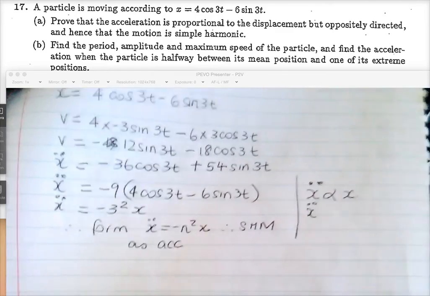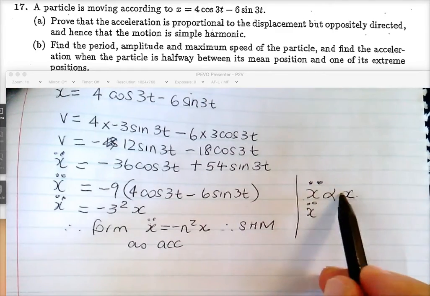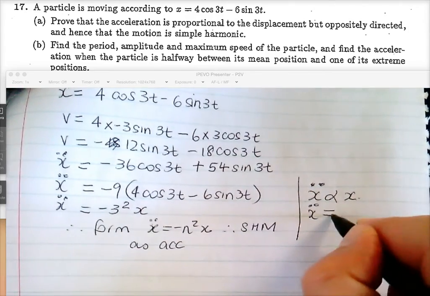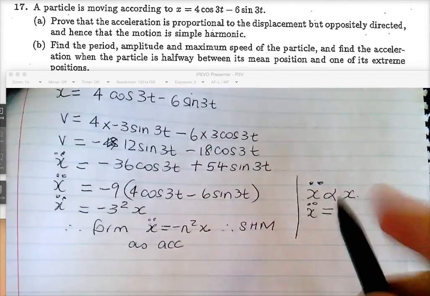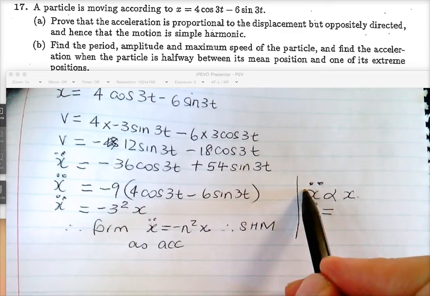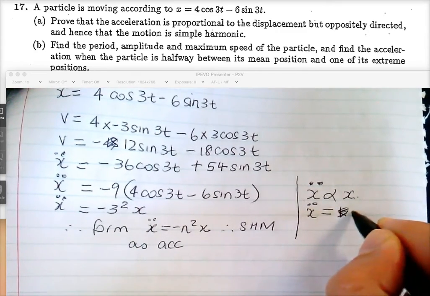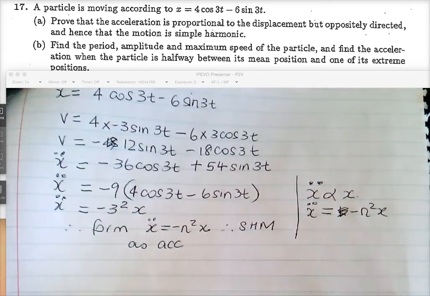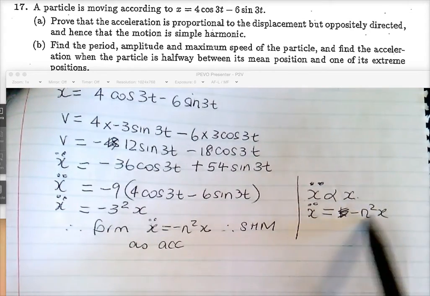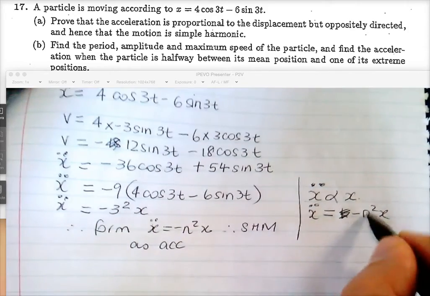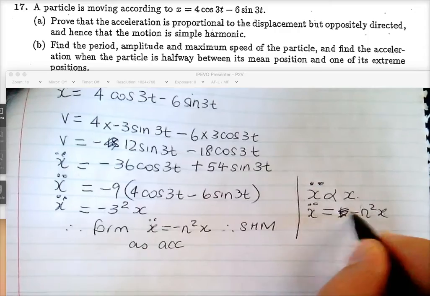But to work out the constant of proportionality, so x times something gives acceleration, that's what it means. And once you've worked out what that constant is that you times x by to get a, you write it as equals k. But in this case, we're going equals negative n squared x. So our constant of proportionality is negative n squared.